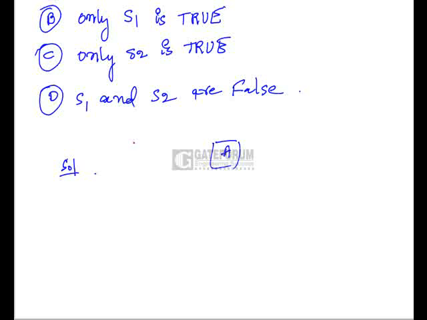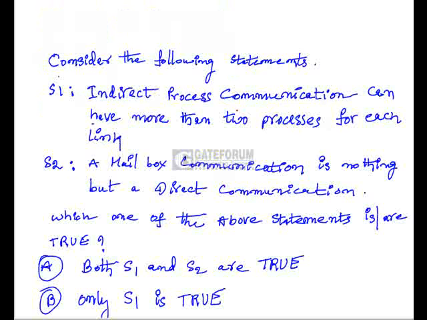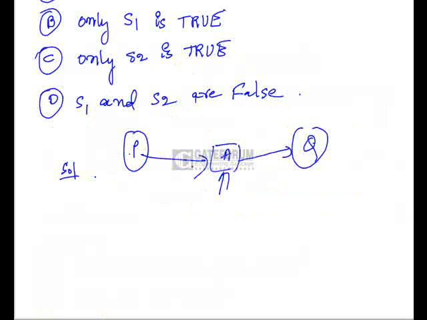Let us suppose P is sending a message to a mailbox A and Q can receive the message from mailbox A. That means P and Q are connected with a link via this mailbox A. And statement S1 says that indirect process communication can have more than two processes for each link.